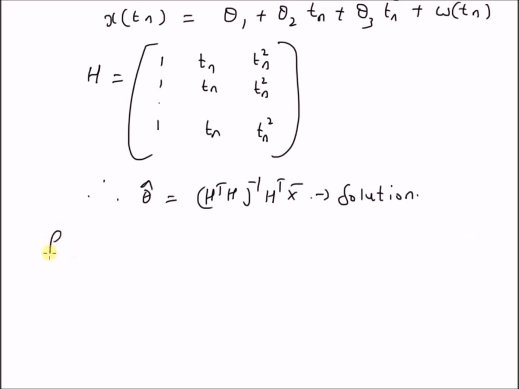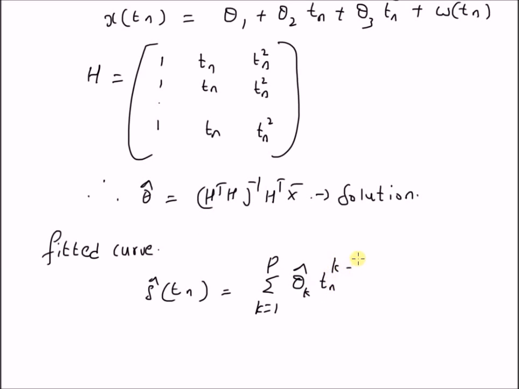And the fitted curve, that is, once we determine the values theta hats, once we get an estimate of the vector theta bar, we can write the approximate curve as s hat of tn is equal to the sum k equal to 1 to p theta hat k, that is the kth component of the estimator theta hat, multiplied by tn power k minus 1. So this is the fitted curve that approximates the true polynomial in the observational model. Thanks for watching.